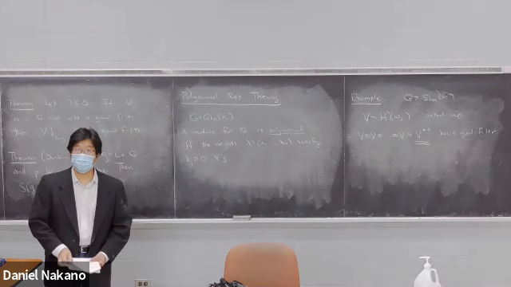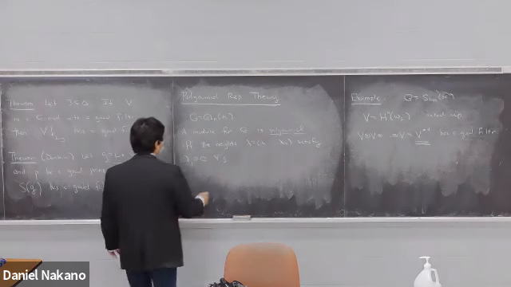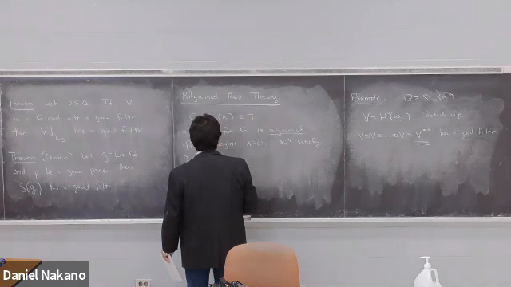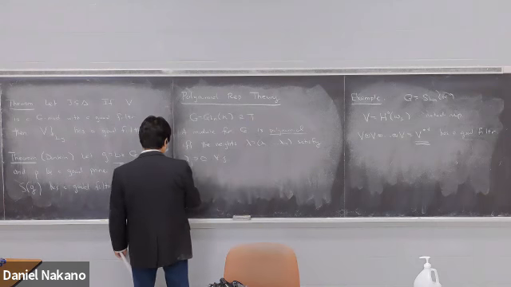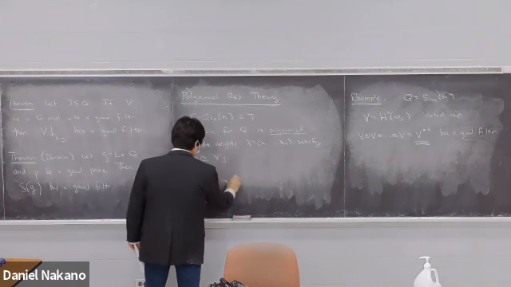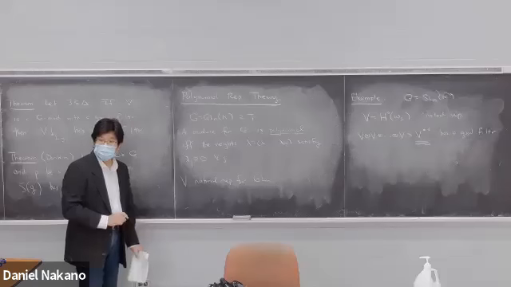So an example of a polynomial representation is the natural representation. Remember, inside of here you have a maximal torus T. Let's say V is the natural representation for GL_n. What are the weights?